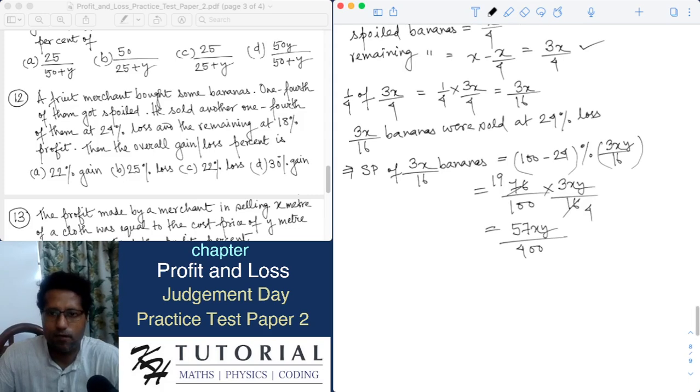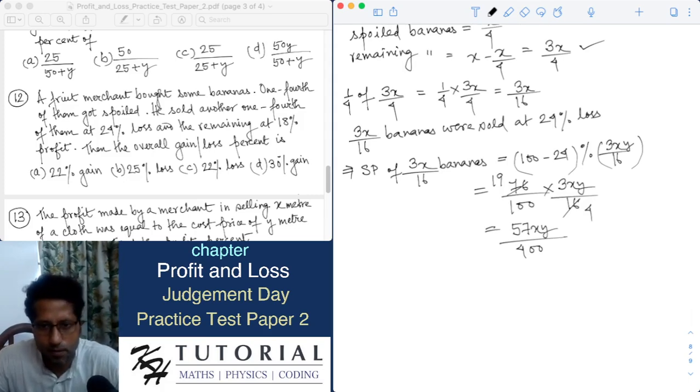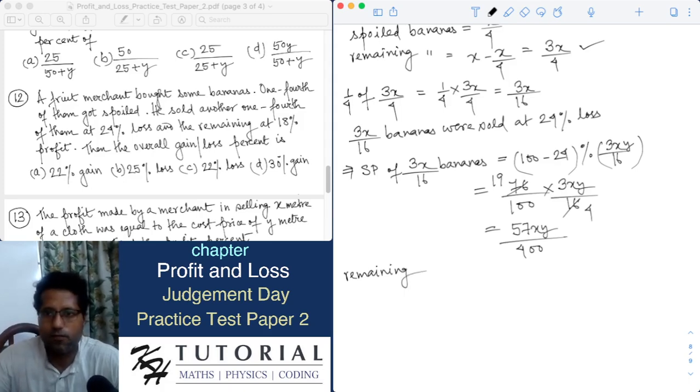Now, what is remaining? From 3x by 4, 3x by 16 bananas were sold.